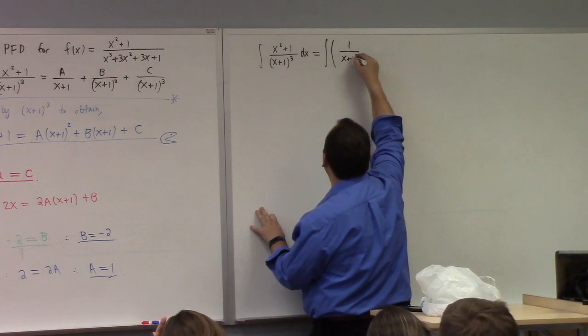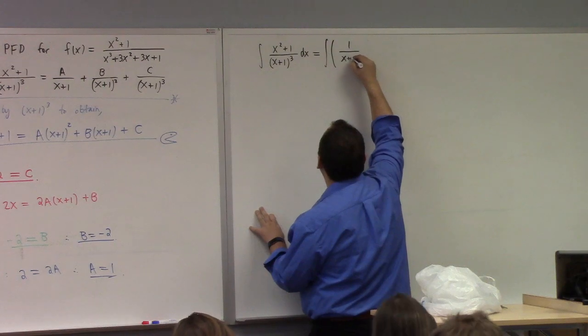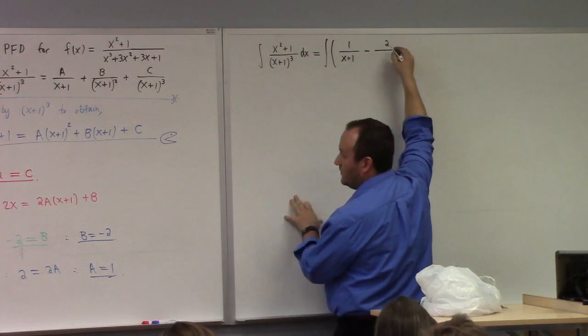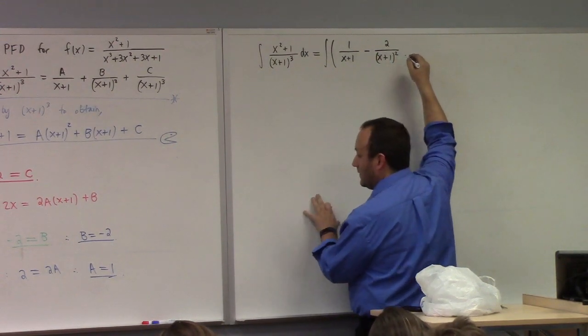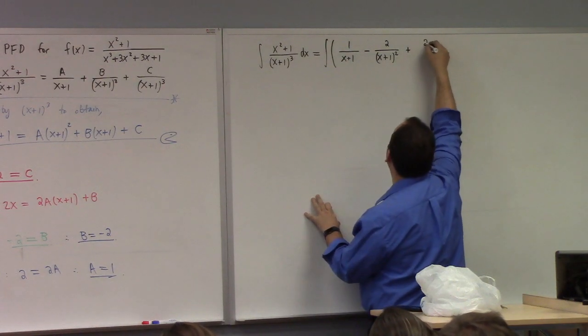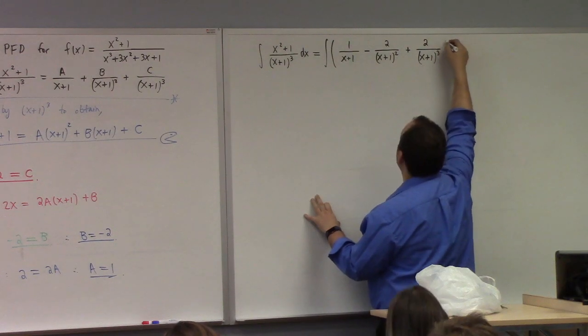But I think the integration that follows is interesting, so I'm talking about it. Okay, x plus 1 minus 2 over x plus 1 squared. What was my c? Oh, yeah, plus 2 over x plus 1 cubed.